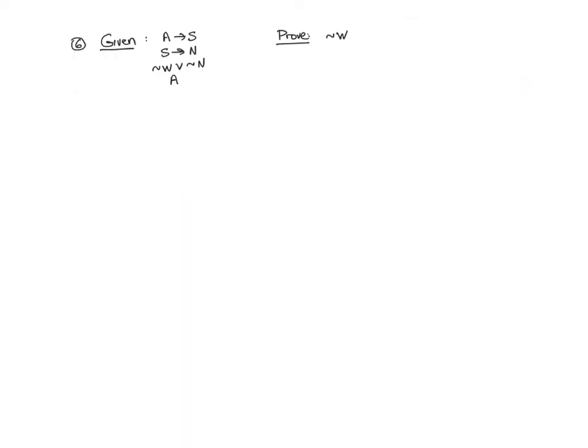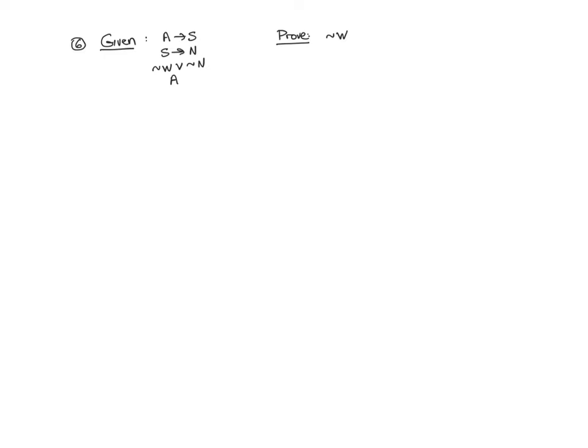All right, now let's take a look at some logic proofs. So I wrote one out here. Given if A then S, and given if S then N, and given not W or not N, and given A, so we have 4 givens, prove not W. All right, so now some students are able to combine these right away to get to the proof.